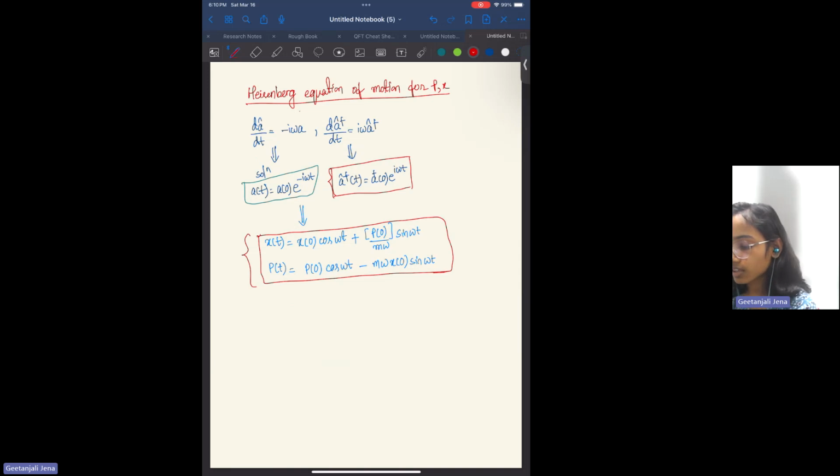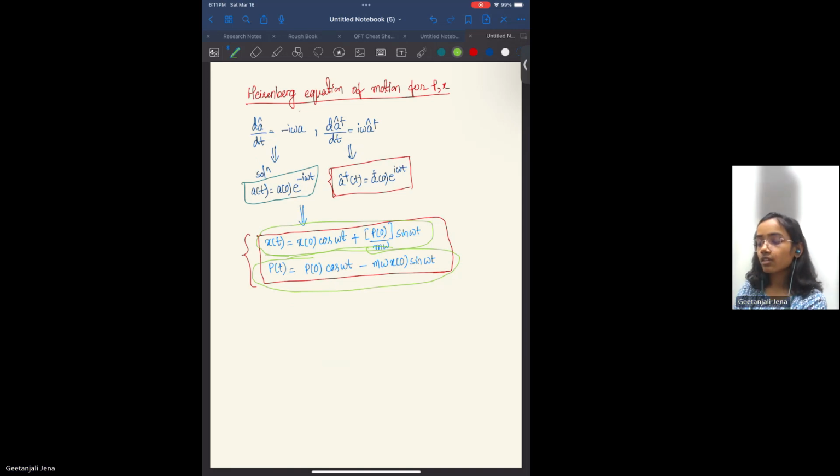Now if you work out the total expression, if you put in the expressions for the lowering and raising operators, then what you can see is the position representation is given by this equation. This is how the position of the particle changes with respect to time, and the second is how the momentum of the particle changes with respect to time.